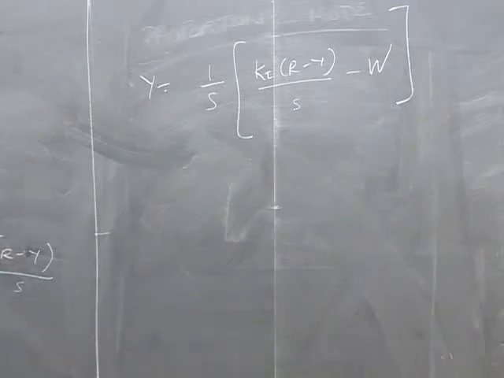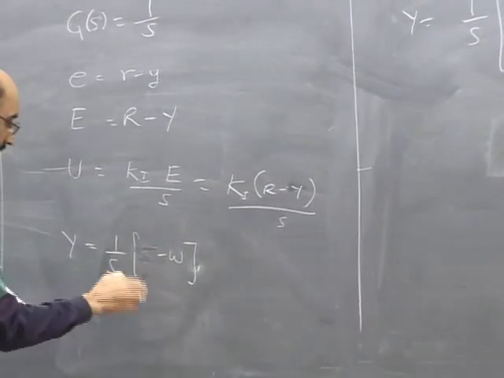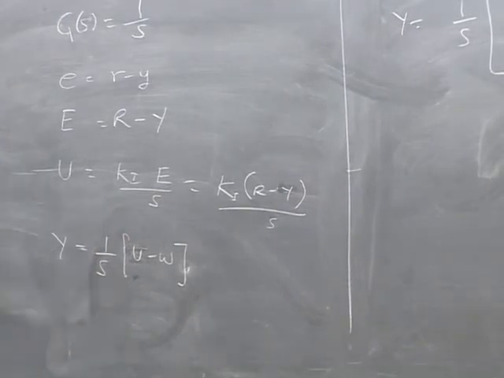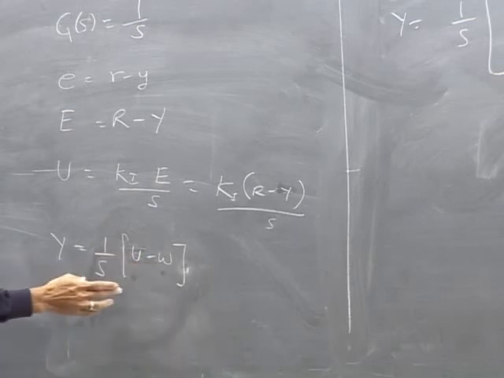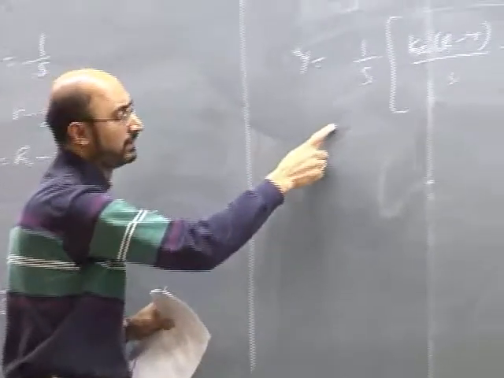Okay, why are we getting that? Because I just substitute for, sorry, not R, U minus W, I'm sorry. So this is the command minus the disturbance, which is the service rate. And so we just substitute for U over here, and we get this one over here.